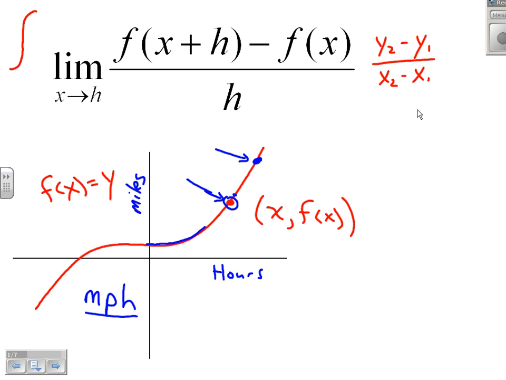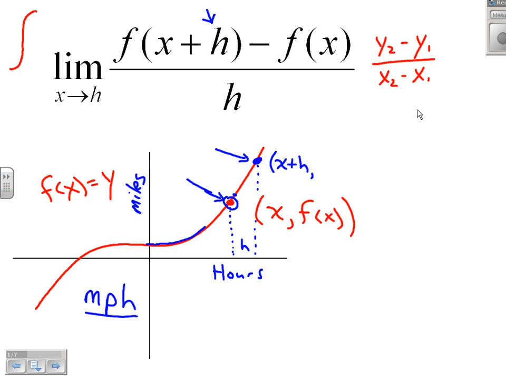Okay, let's say this point that I created is over just a little bit, and I'm going to call this value h, not for hours, just h is our favorite variable for this type of problem, as you can see up here. That would make this ordered pair become x and then h more to the right.